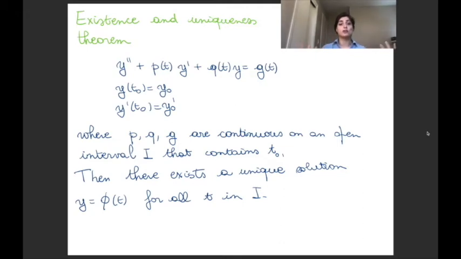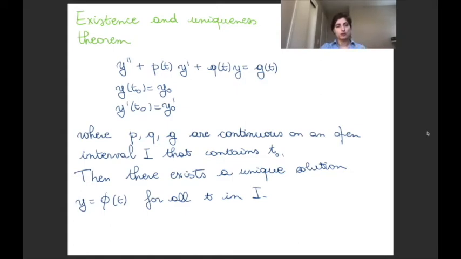Actually, even in the non-homogeneous case, we have, and we're not going to prove this, that if you're looking at the problem y'' + p(t) y' + q(t) y = g(t), and you have the two initial conditions that we expect, so y(t0) = y0, and y'(t0) = y0', where p, q, and g, so all our functions of time, are continuous on an open interval that contains the t0 we're looking at, then on that open interval, there exists a unique solution.